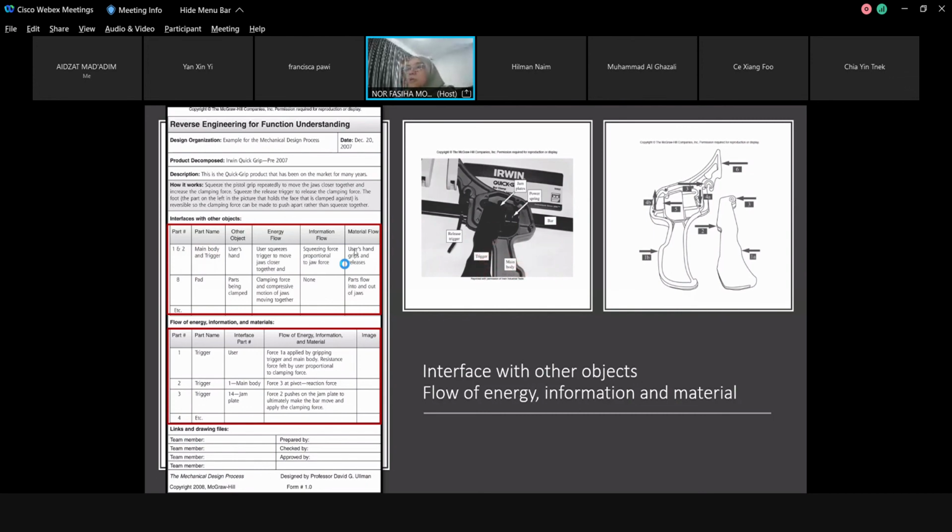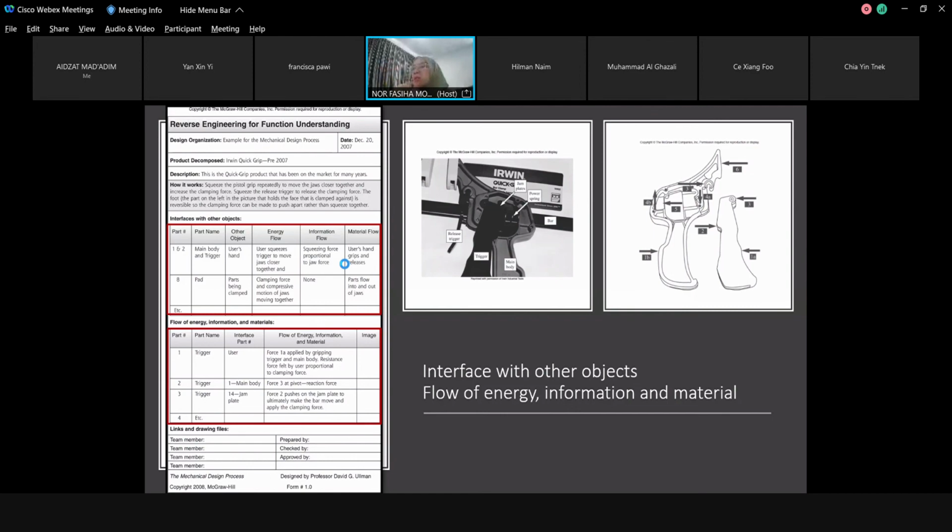The interface object is the user's hand. Users hold this part. And what is happening then for that particular part 1 and part 2, main body and trigger?